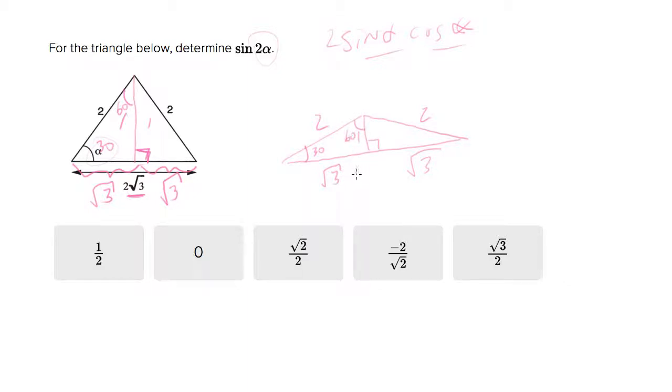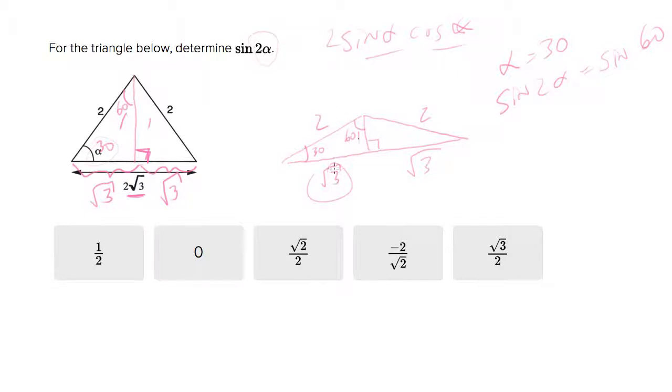So they said, what is the sine of 2 alpha? Alpha is 30. We just figured that out because we figured out the 30, 60, 90 triangle. Sine of 2 alpha is like saying sine of 60. Well, sine is opposite over adjacent, right?